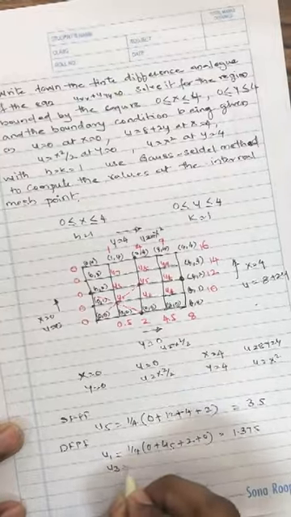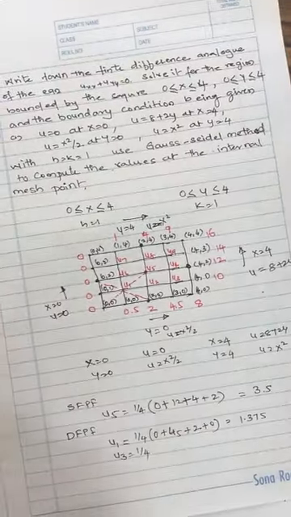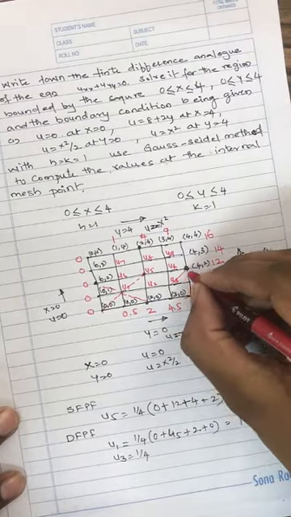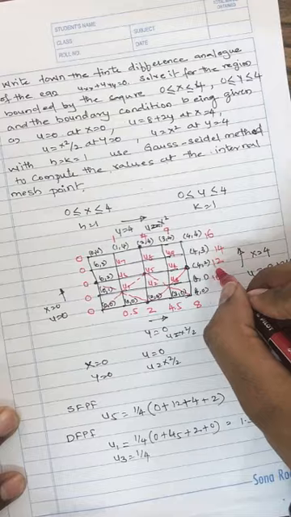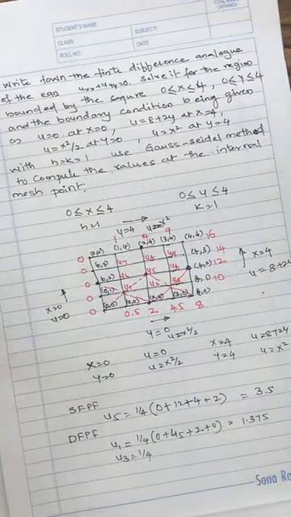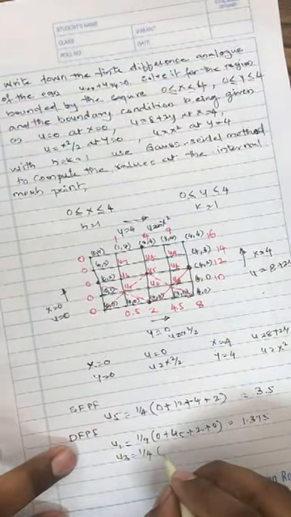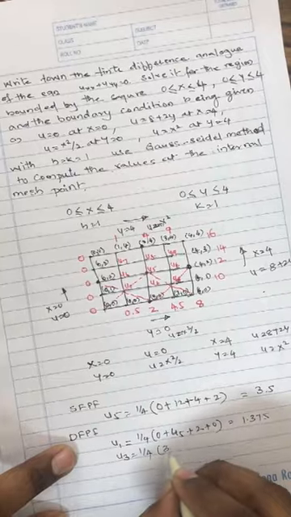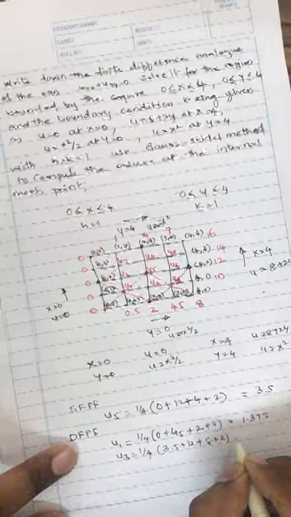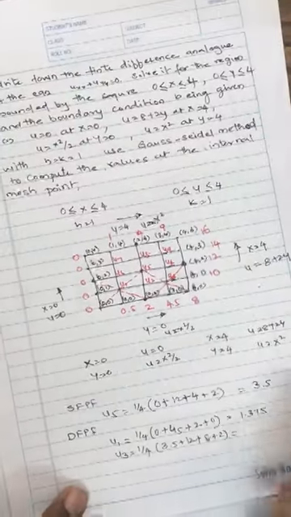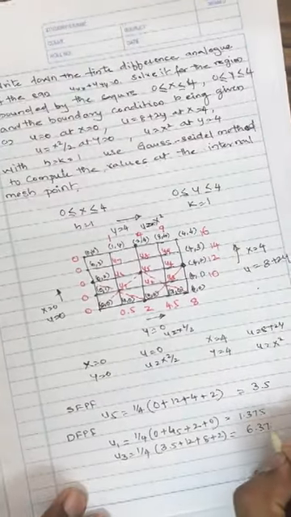Similarly, u3 will be 1 by 4, again the diagonal points: u5, 12, 8, 2. So 1 by 4 of 3.5 plus 12 plus 8 plus 2, we get 6.375.